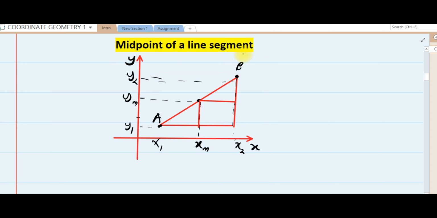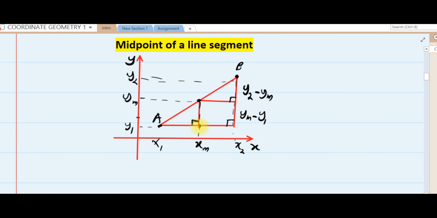So you notice we form right angle triangles. So you notice that for this to be the middle, from here to here, this is y2 minus ym. Here is ym minus y1.